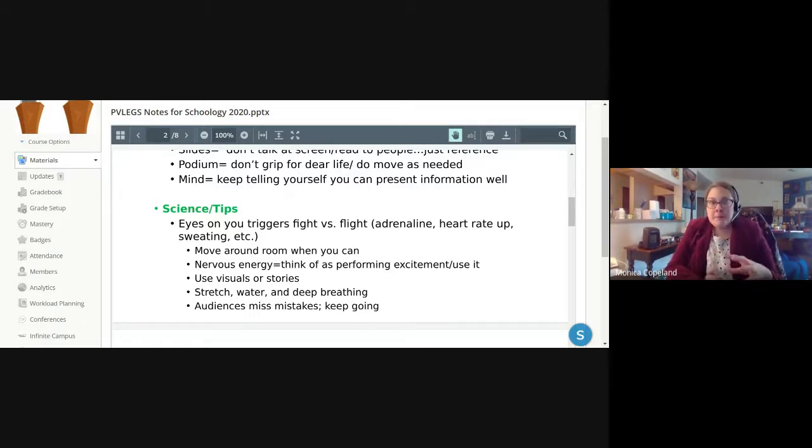Moving a little bit helps you beat off those nerves. It helps you move out the nerves rather than trying to lock in one place. A lot of times when students try to lock into one place, I'll see their knee kind of move a little bit because it's tough to stay in exactly the same posture the entire time. I would suggest move. So that's podium.